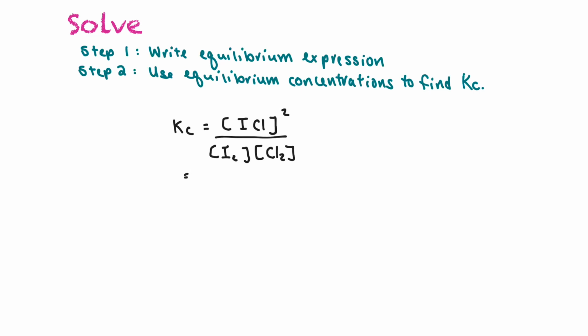That's going to be equal to 0.246 squared over 0.027, and we can say that squared too because the concentrations were the same. Now we plug in those values, and our equilibrium constant is 83.01.